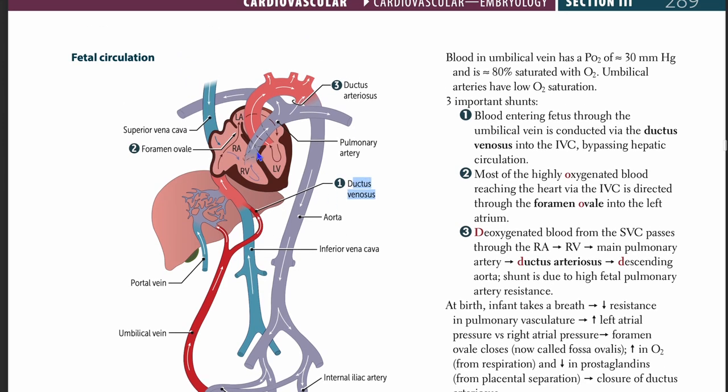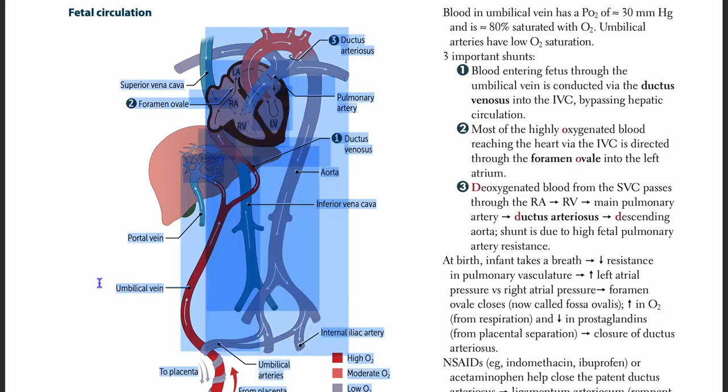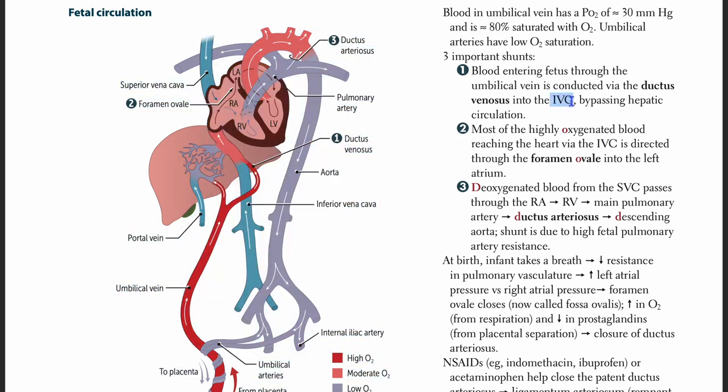After it bypasses it, it goes into the IVC. And this is, I think, the one that they ask. After it travels through the duct, which vein does it go into? It's the IVC, not the superior vena cava, the inferior one.